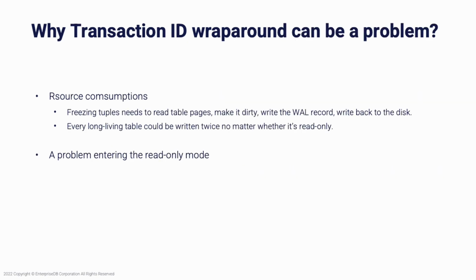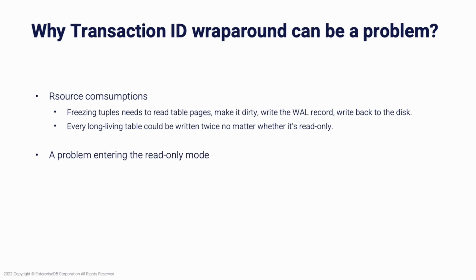I think there are two problems here related to XID wraparound and freezing. The first one is resource consumption. In order to freeze XIDs, we need to read the pages of the table, possibly from the disk, make them dirty, and then eventually write them back to the disk.